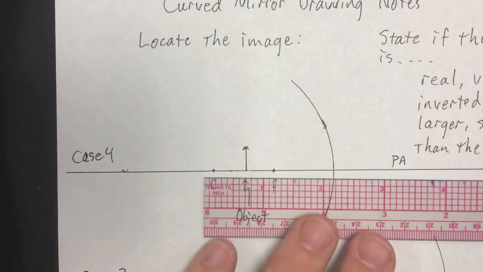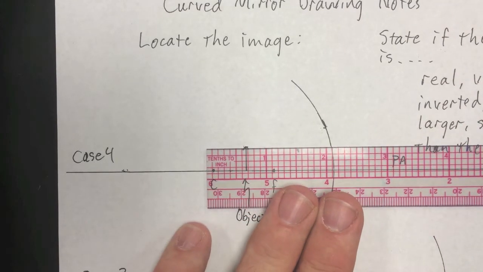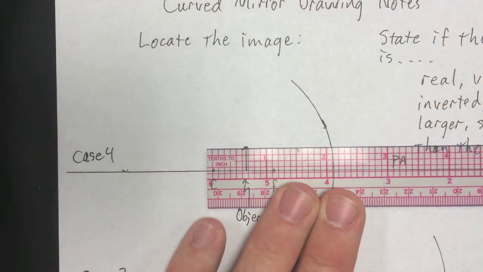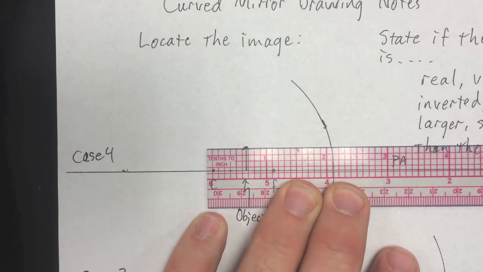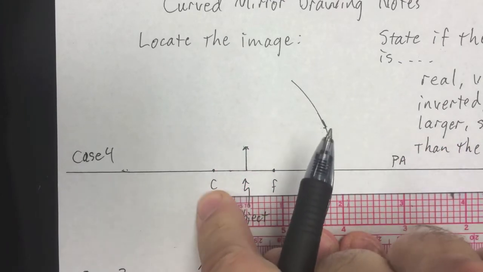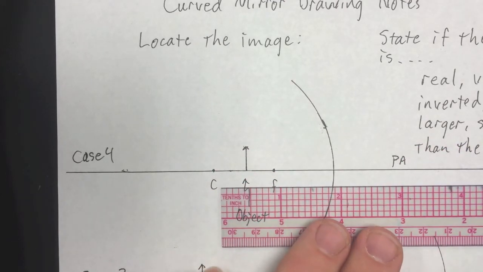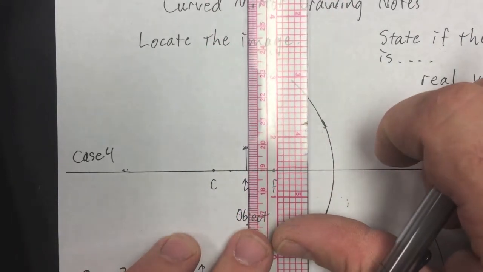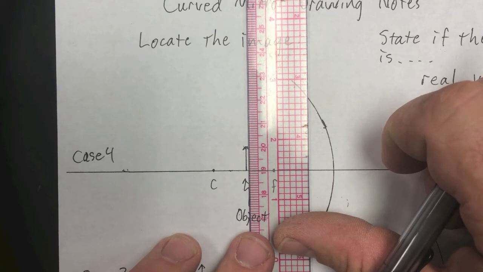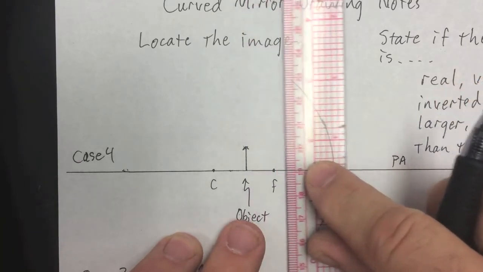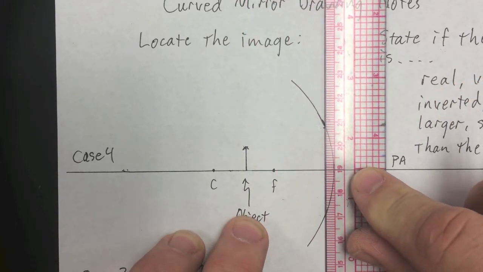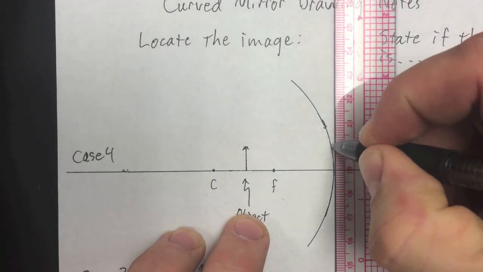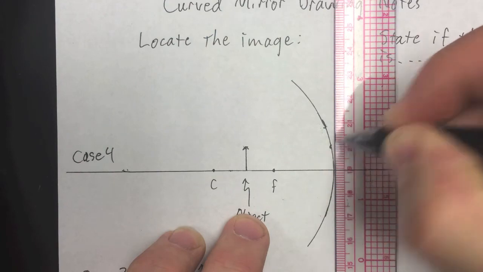The second light ray goes through the center of curvature, which is this point here, C. I'm going to measure the height of the object, which is an arrow, and duplicate that height on the mirror to make sure the light ray I draw is parallel.